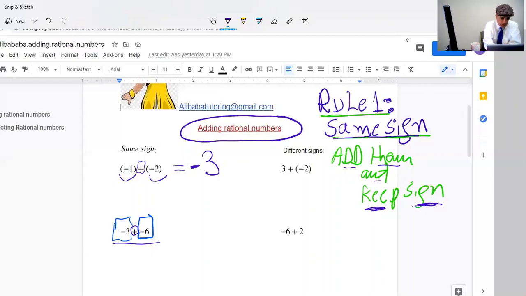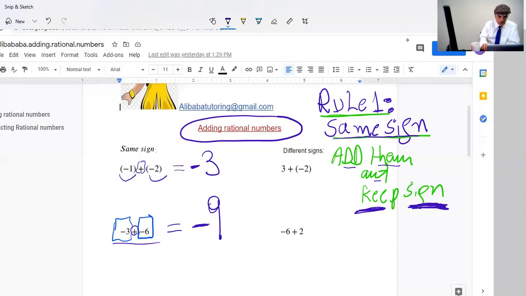So I'm going to add the 3 and the 6. Forget about the sign. Just add the actual numbers. Forget about the sign next to them. 3 and 6 is 9. And it says, keep the sign. If they are the same sign, keep it. Well, they're both negative, so this is a -9. That's not too bad, right?